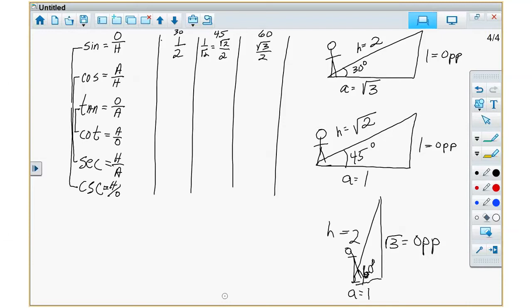Cosine is adjacent over hypotenuse: square root of 3 over 2. Adjacent over hypotenuse, 1 over square root of 2, which is equal to square root of 2 over 2. Adjacent over hypotenuse, 1 over 2.